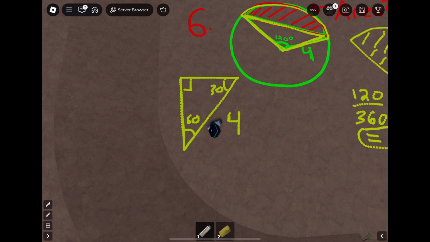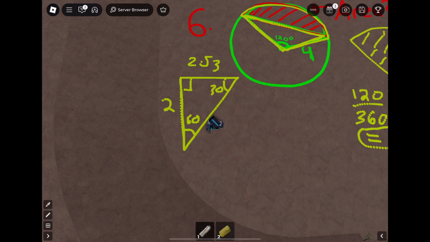Remember, in a 30, 60, 90 triangle, the 90 side corresponds to 2x, the 30 side corresponds to x, and the 60 side corresponds to x times square root of 3. So if I know that 4 is equal to 2x, I know that x in our ratio is just going to be 2. So I can now fill in the other sides. The 30 side is just going to be 2 units tall, and the 60 side is going to be 2 times root 3.